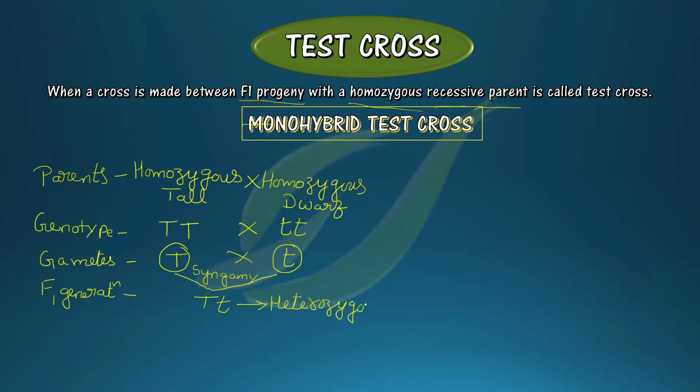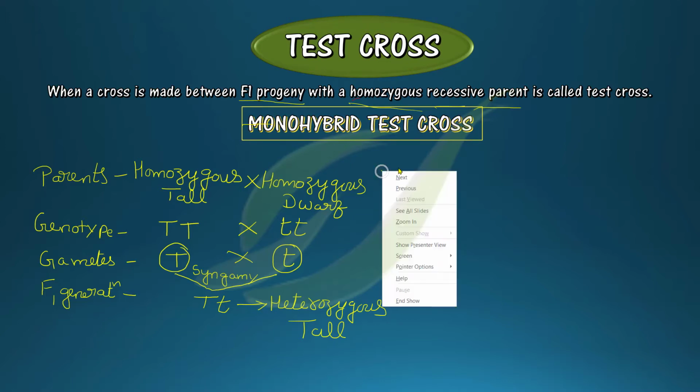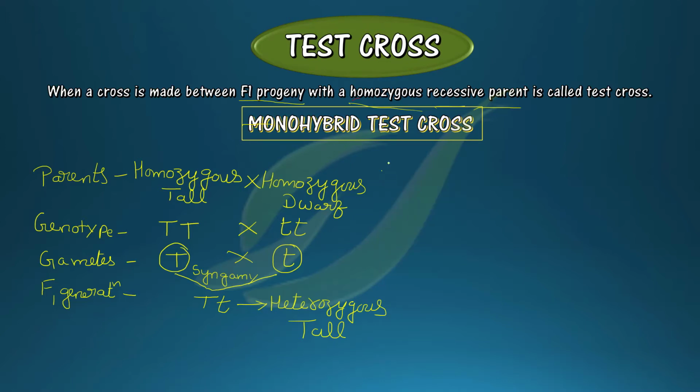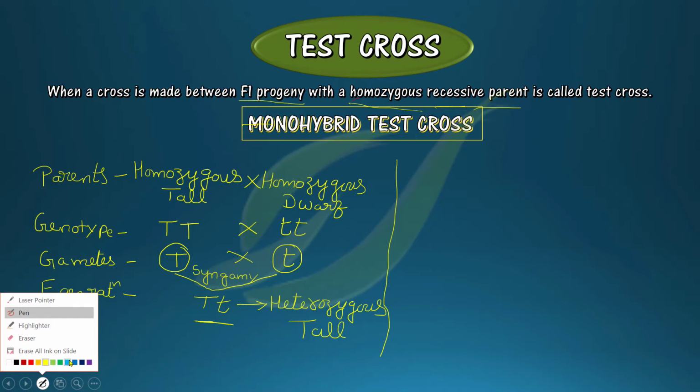Now concentrate on the statement we have given: when a cross is made between the F1 progeny and a homozygous recessive parent, it is called a test cross. So heterozygous tall is our F1 progeny.